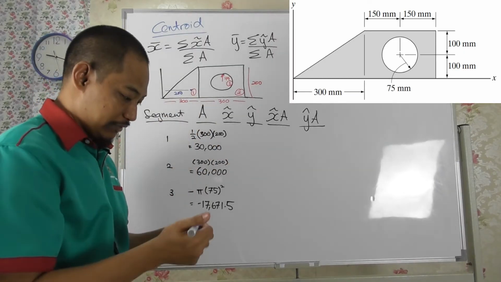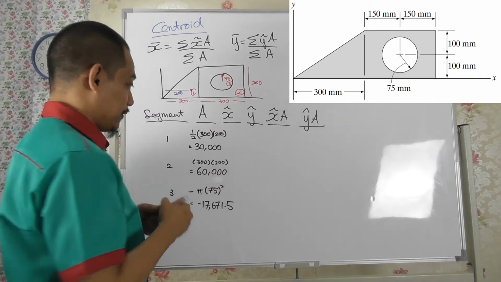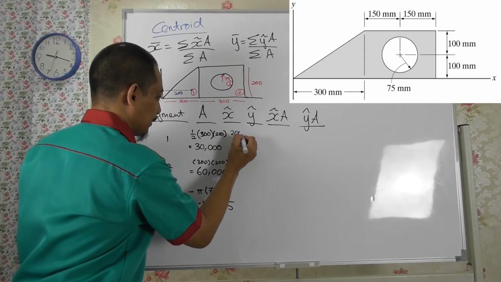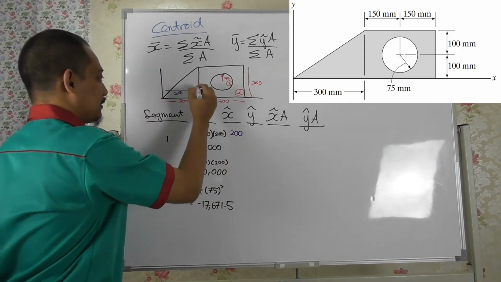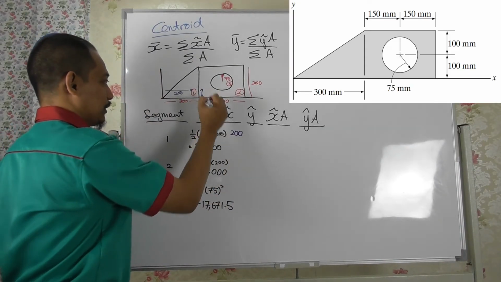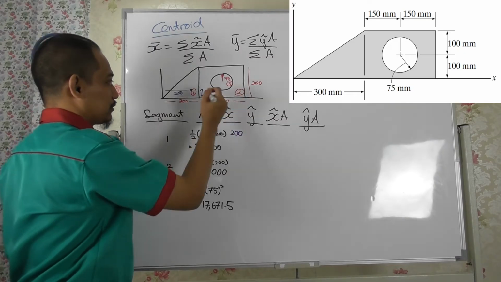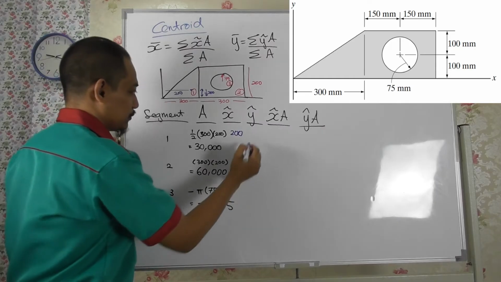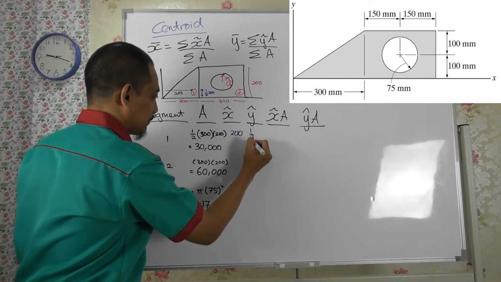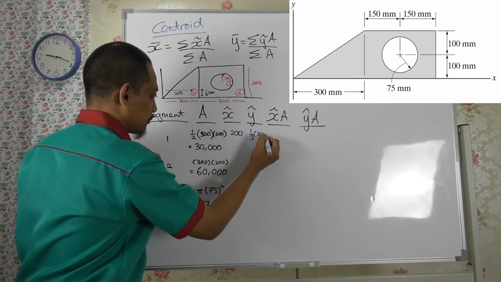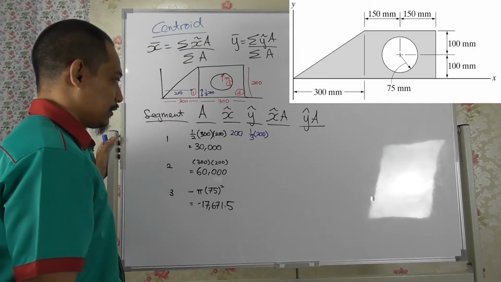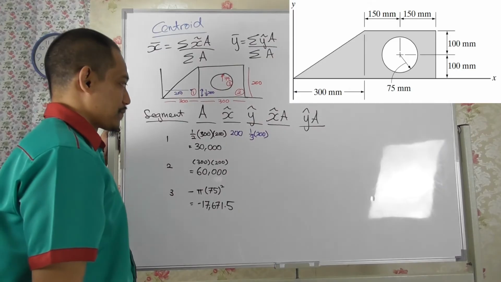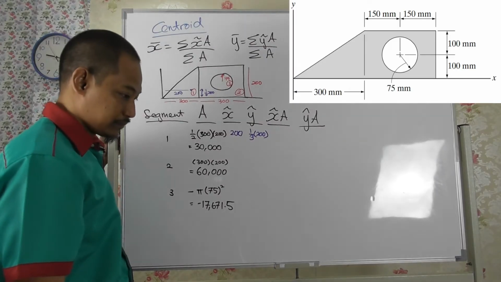Hopefully you are already familiar with the ratio by now. So this will become 200. What about y? It's 1/3 of the height. Height is 200, so 1/3 times 200. That is the y coordinate of the triangle.